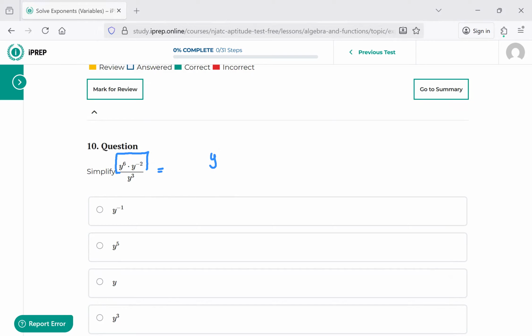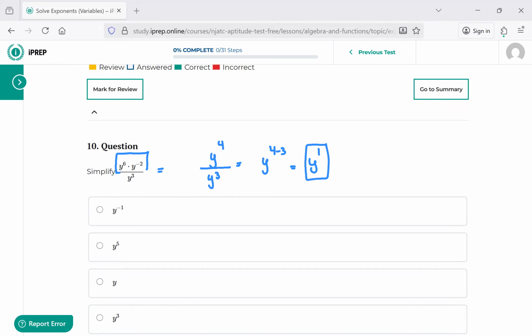Remember, when you're multiplying, you're adding. So 6 plus negative 2, or 6 minus 2, is 4. And then you have y to the 3. What's y to the 4th divided by y to the 3? When you're dividing with the same base, the technique is to subtract. So 4 minus 3 is y to the 1.